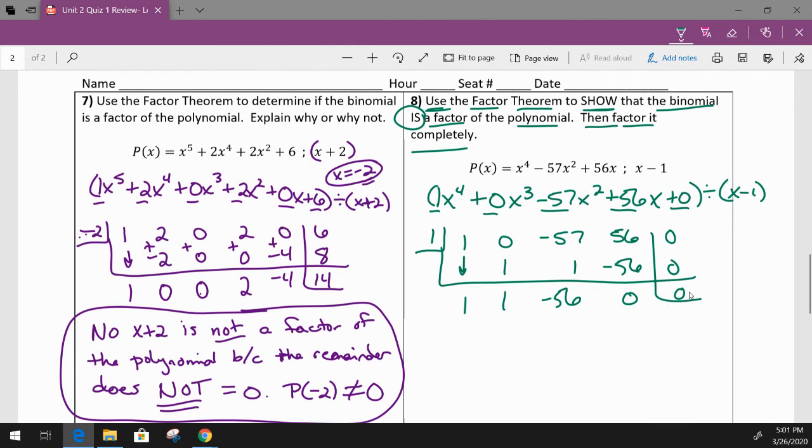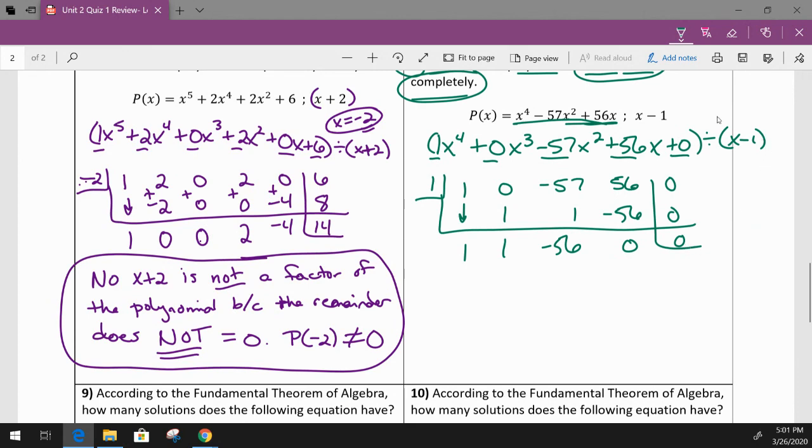All right, but now we have to go on to our next task, which is factor it completely. So we want the factors to multiply together to equal what we started with. Well, since we divided by x minus 1 and got a remainder of 0, x minus 1 is one of the factors. So it should be in my list of factors.